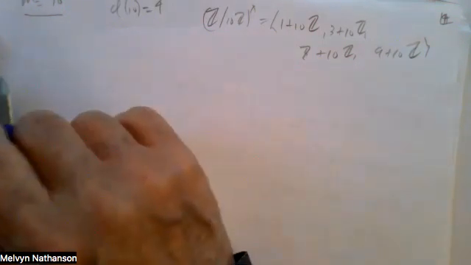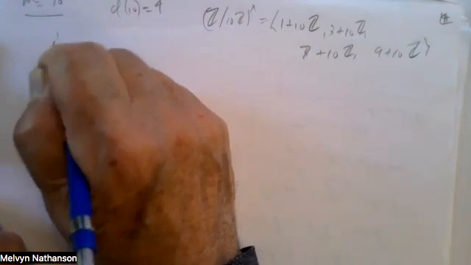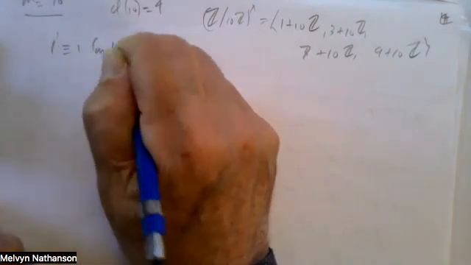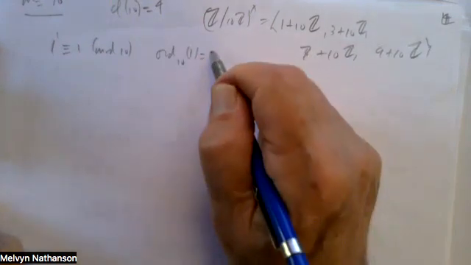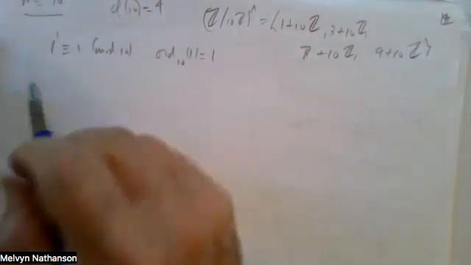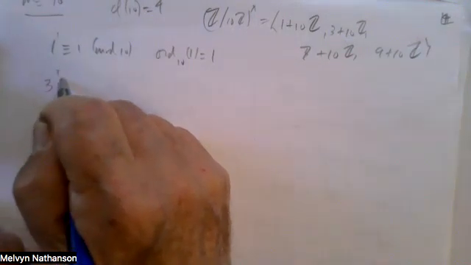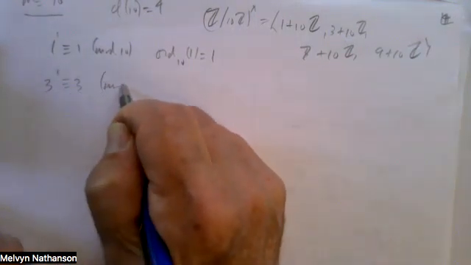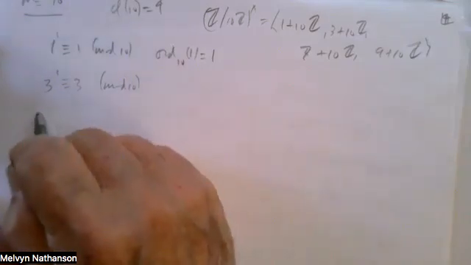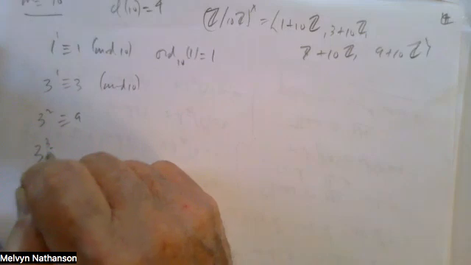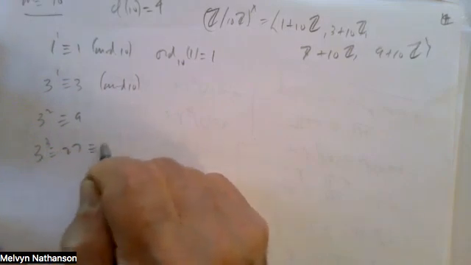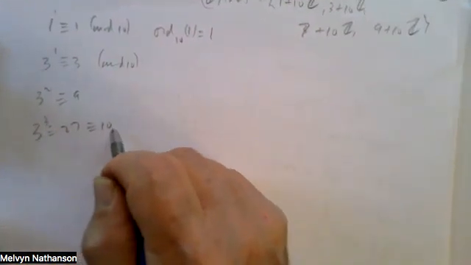Let's compute their orders. So 1 to the first power is 1 mod 10, of course, so the order of 1 mod 10 is equal to 1. Let's see, 3 to the first power is 3. 3 squared is 9. 3 cubed is 27, which is congruent to 7.